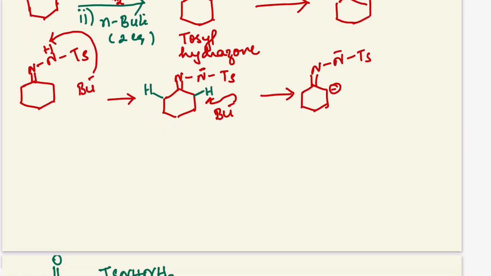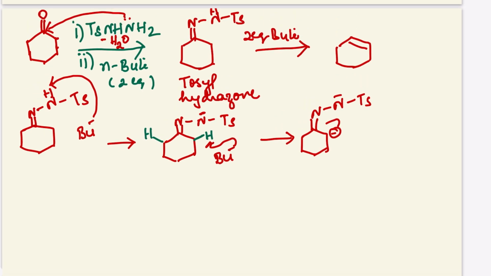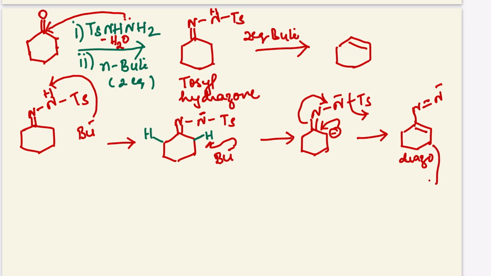This bond will move over here and this will shift over here, and the tosyl group will leave, and we get the intermediate, the diazo compound, N double bond N minus, with a double bond here. On this diazo compound the nitrogen will be eliminated.